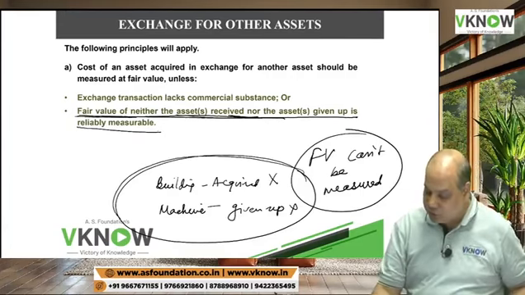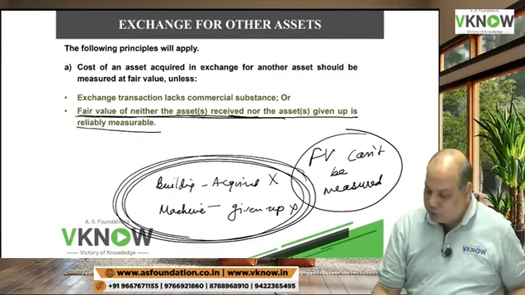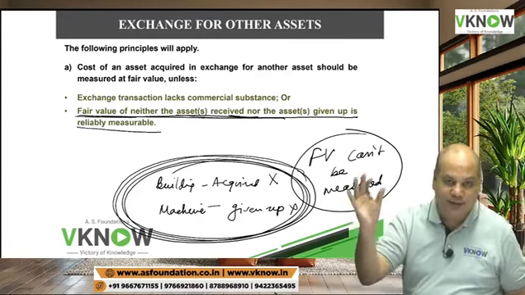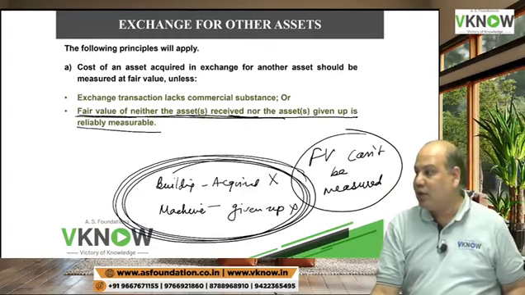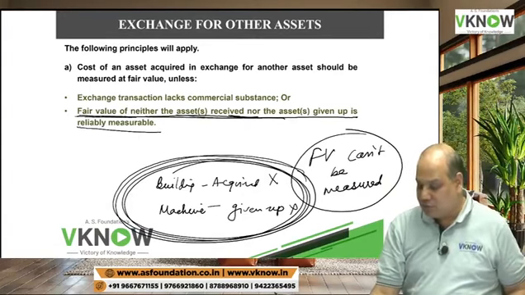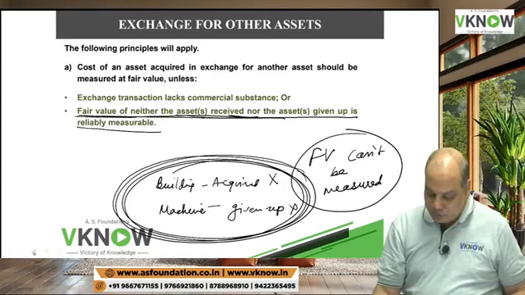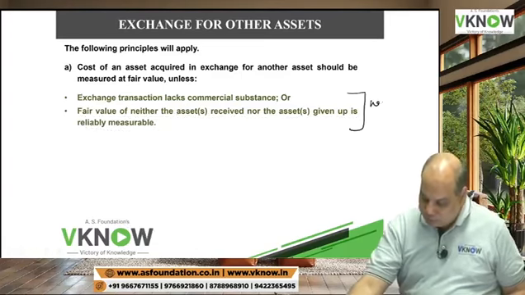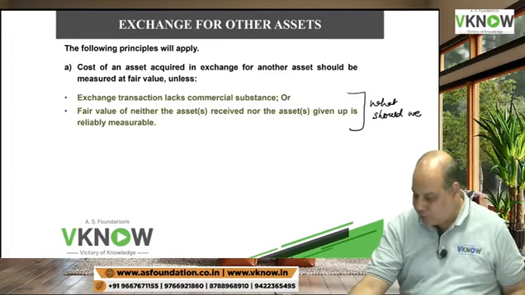This is easy to understand. When you can't calculate the fair value of both the acquired asset and the given up asset, how will you apply fair value? Okay. So then your question will be, what should we do?